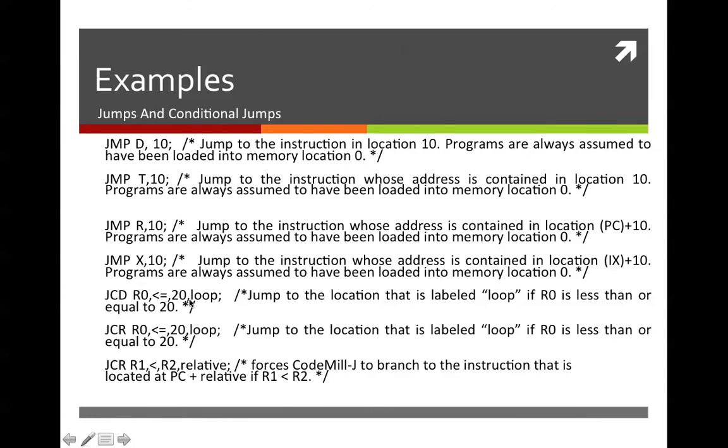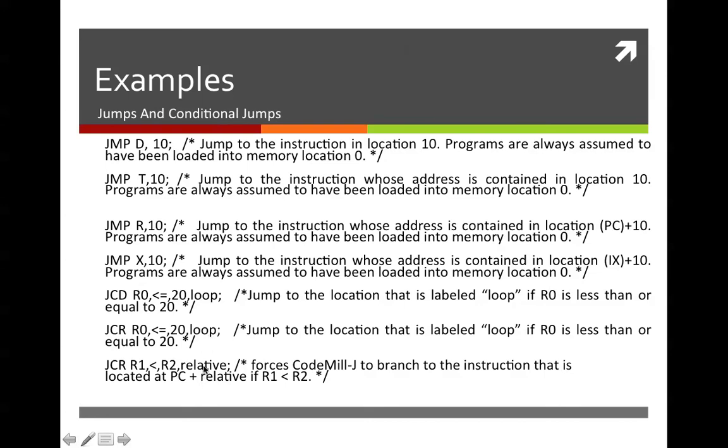And this is the kind of instruction that you'll use most of the time, where loop would be a label that is attached to an instruction, and you would be jumping to that loop if the condition comes true. This could have been actually an indirect jump or a relative jump, and in this example it would use loop as a displacement.